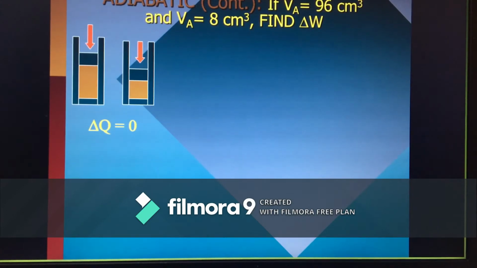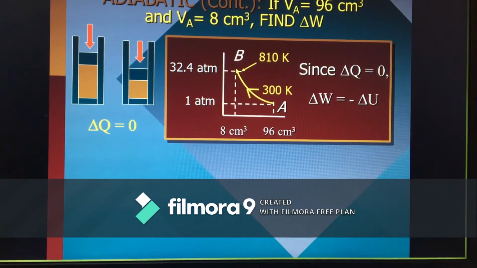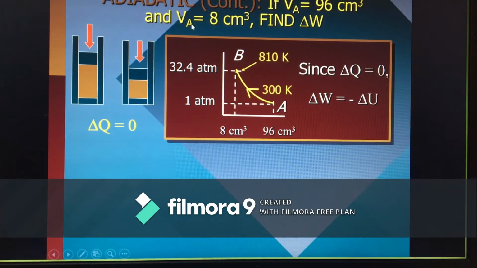Now, for example, class, the volume at A is equal to 96 centimeter cube, and the volume at B is 8 centimeter cube, then find delta W. Class, can you just hold on?